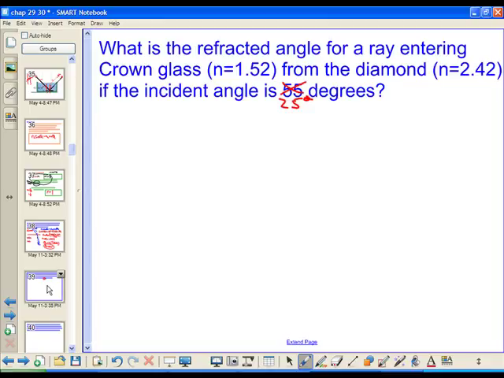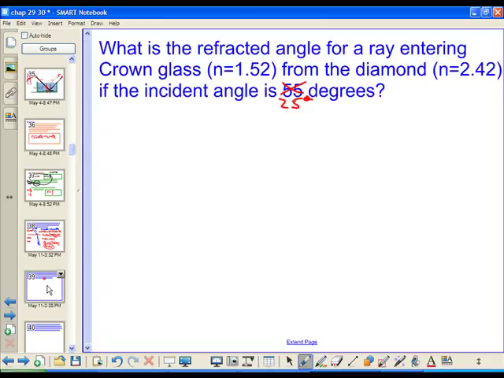Okay, so, what is the refracted angle for a ray entering crown glass, which has an n of 1.52, from the diamond, n equals 2.42, if the incident angle is 25 degrees? So since we're going from a diamond into the crown glass, are we going to bend it toward or away from the normal?